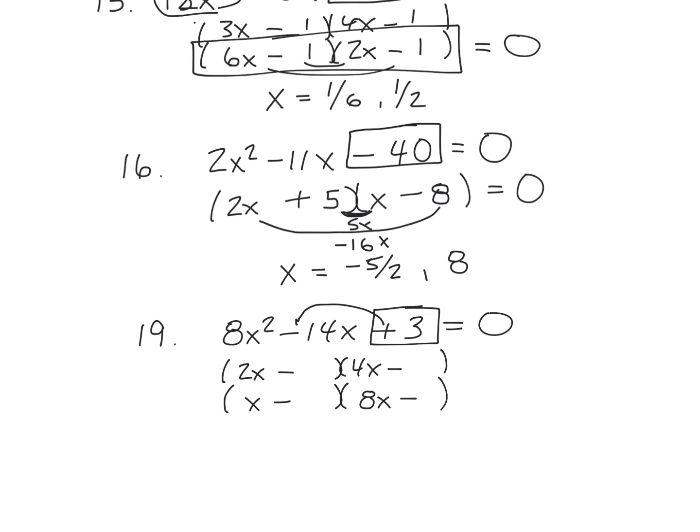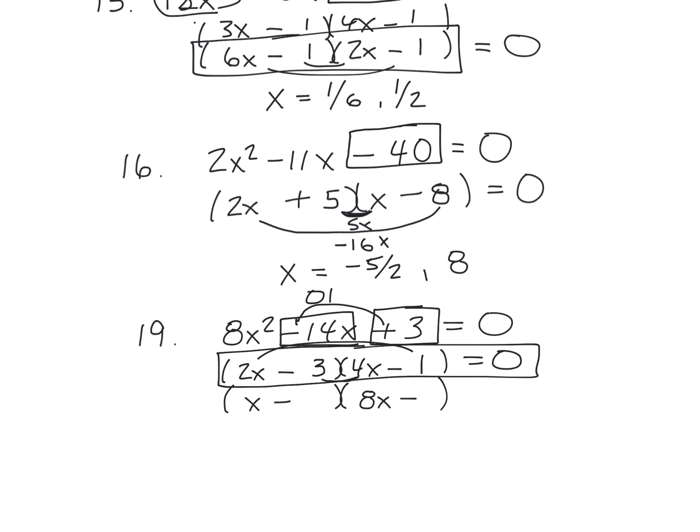And then my only possibilities for factors of 3 are 1 and 3. And realizing I got to get a negative 14 from my outsides and insides. If I put a 3 here, that gives me negative 12x. And the 1 here is a negative 2. Together, that's going to give me that negative 14. So I've got it. My solutions would be positive 3/2 and positive 1/4.